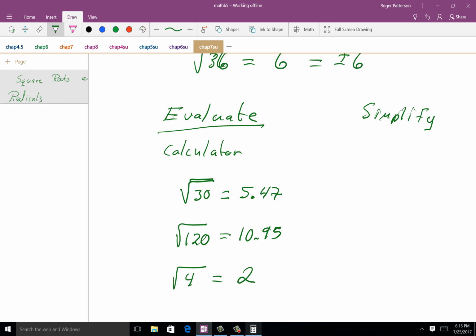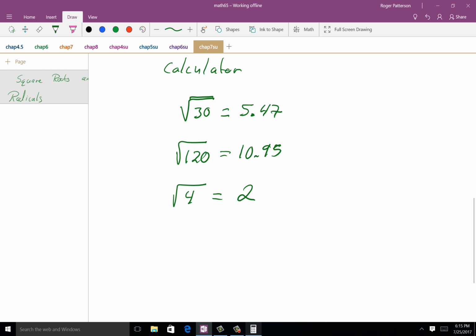Let's see. They have some stuff like this. Square root of a fraction. So when you have the square root of a fraction like this, you could do it a couple different ways. You can break it down into this, or you can treat it as the whole 1/9.